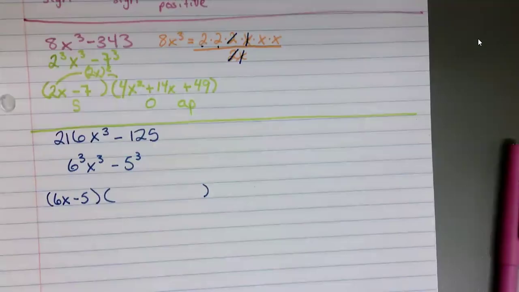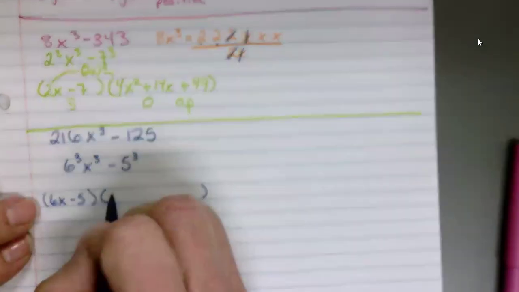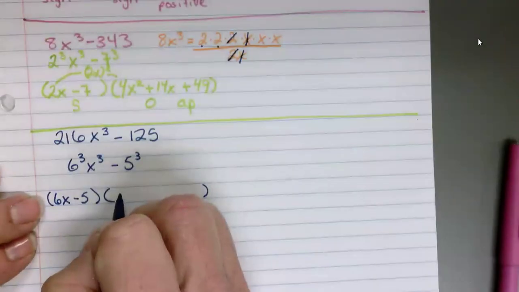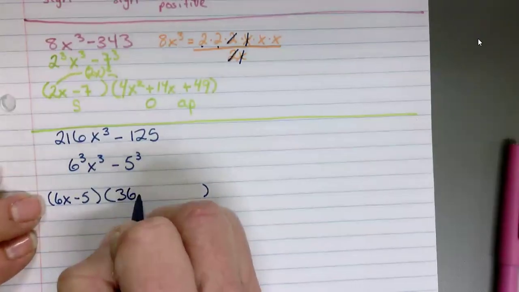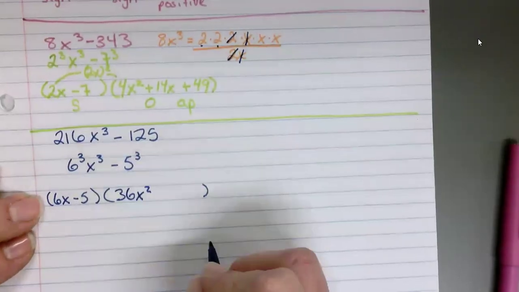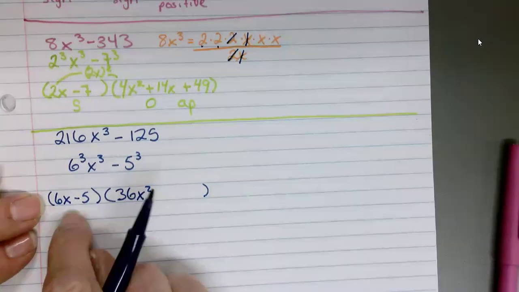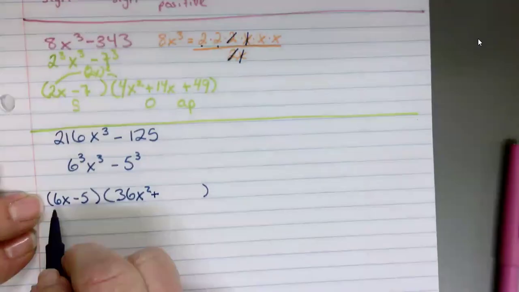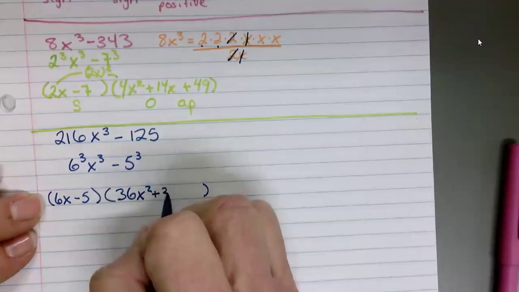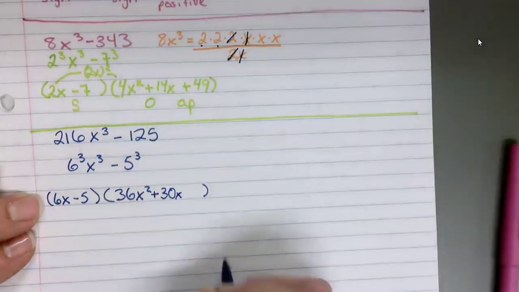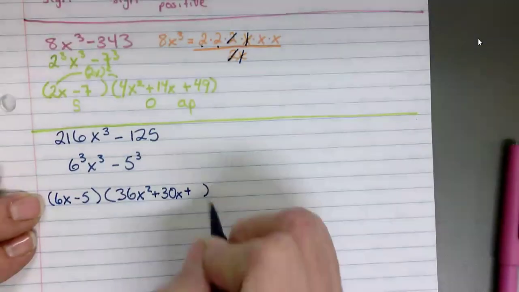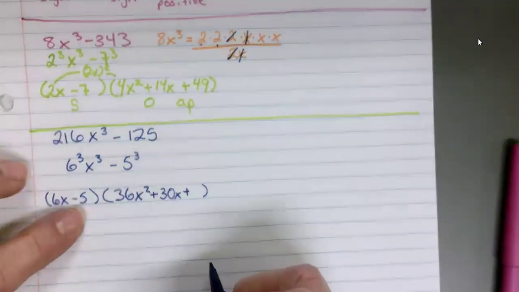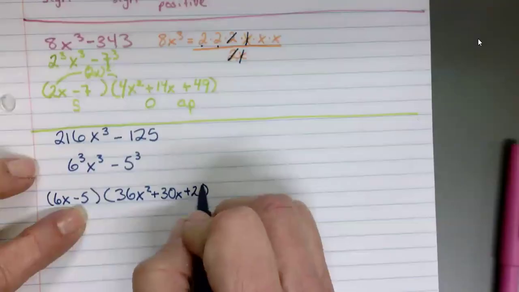Then I write the leftovers, which is going to be 6x times 6x, which is 36x squared. You're going to have the opposite sign, so plus. Then 6x times 5 is 30x. The last sign is always positive, and it's going to be 5 squared, which is 25.